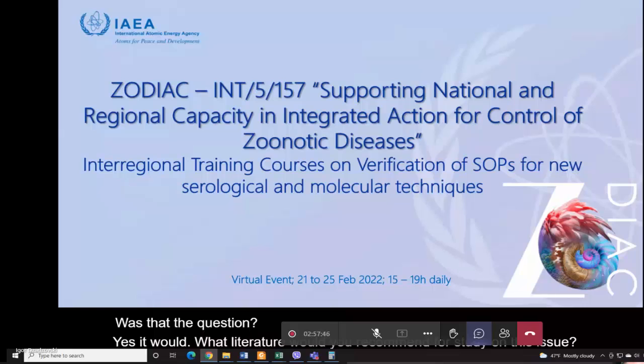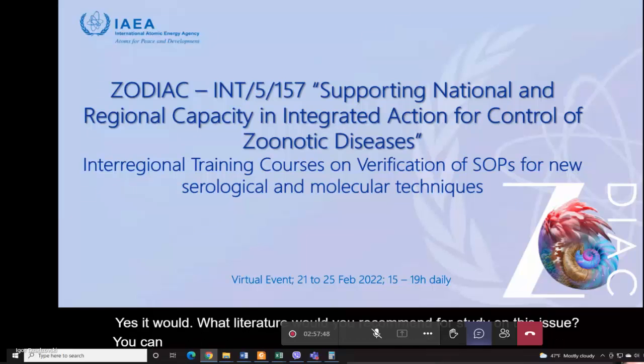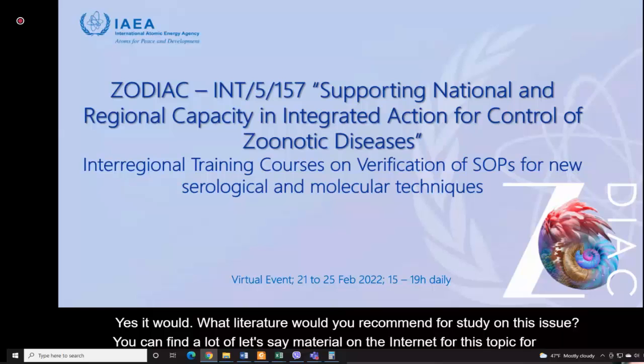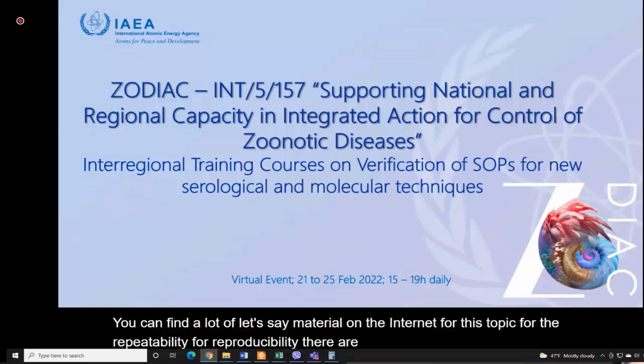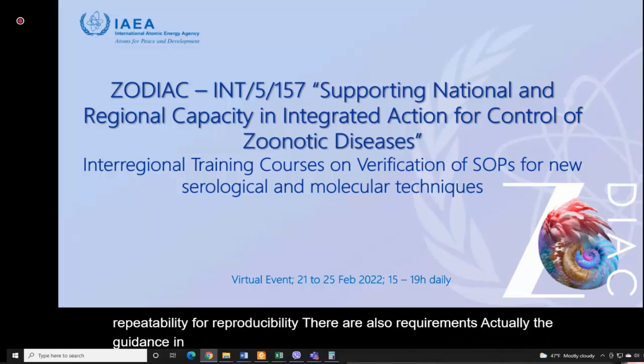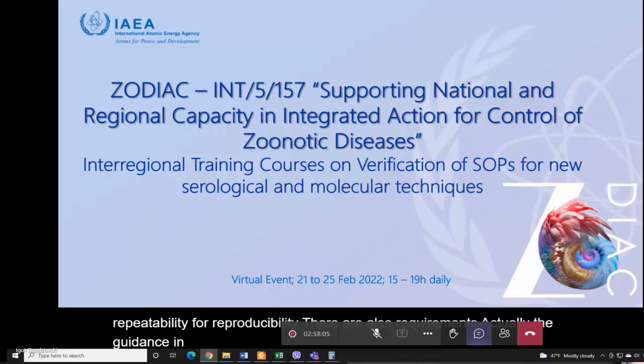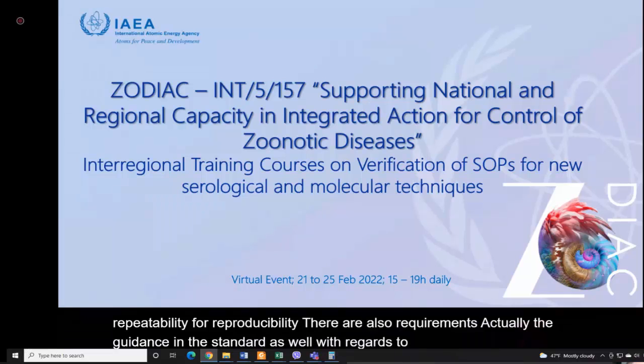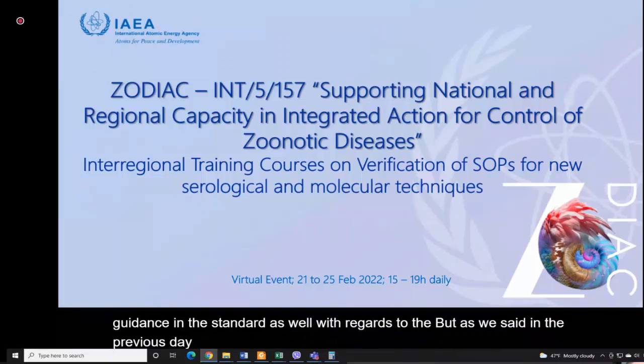Well, you can find a lot of material on the internet for this topic, for repeatability and reproducibility. There is also guidance in the OIE standard, but as we said on the previous day, it is mostly focused on validation.